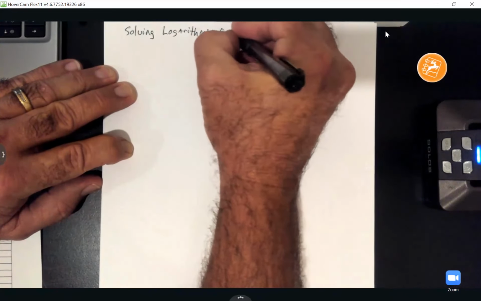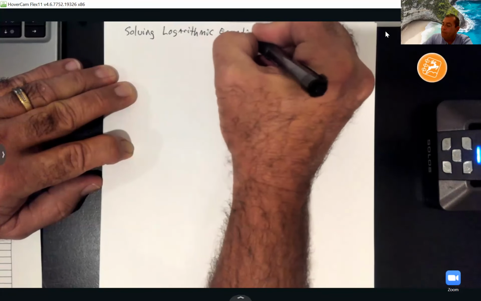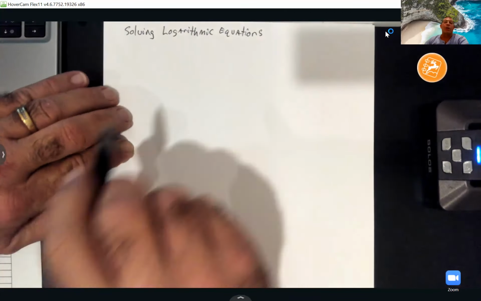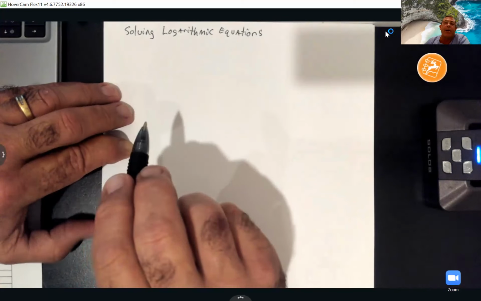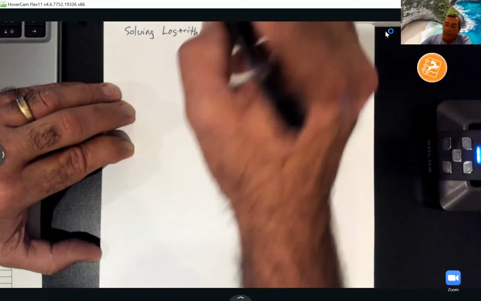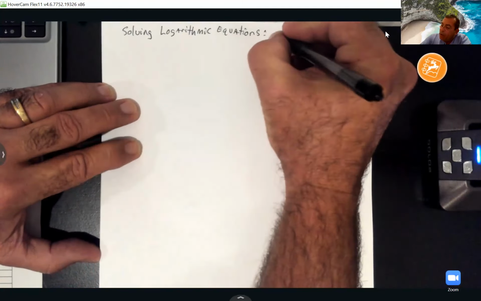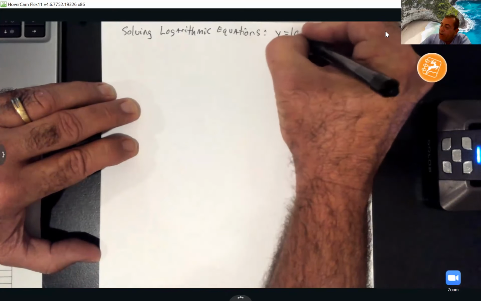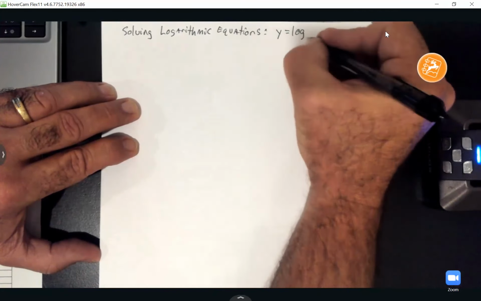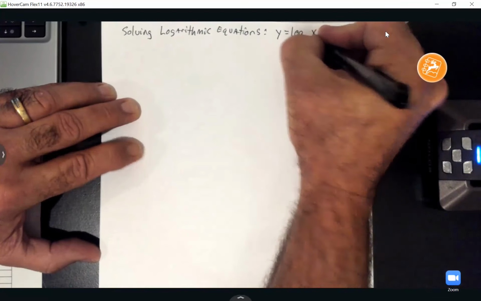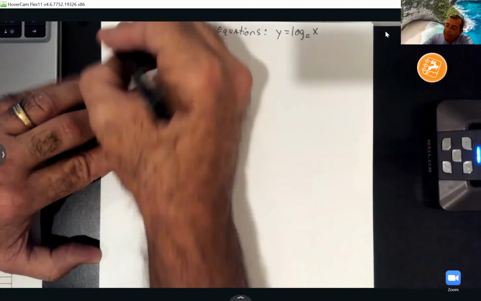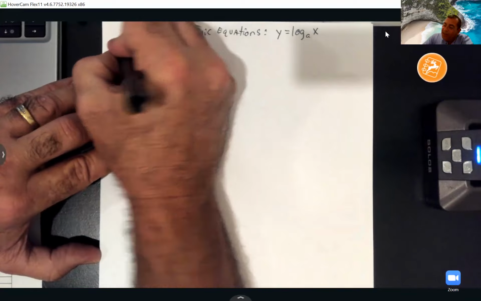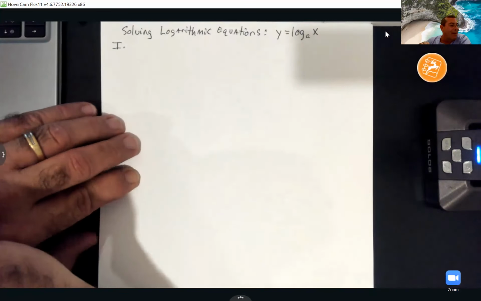But these last 8 we're doing log equations instead of the exponential. So the log ones, remember, log equations are like y equals log base a of x. They're sort of similar, but they're different.